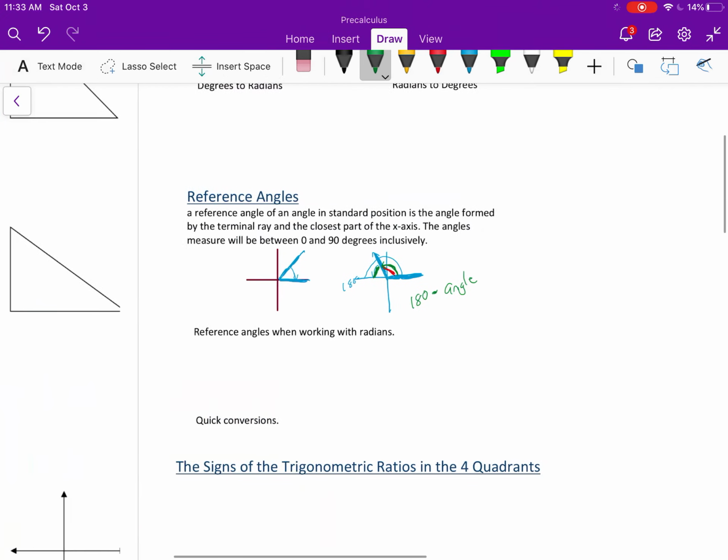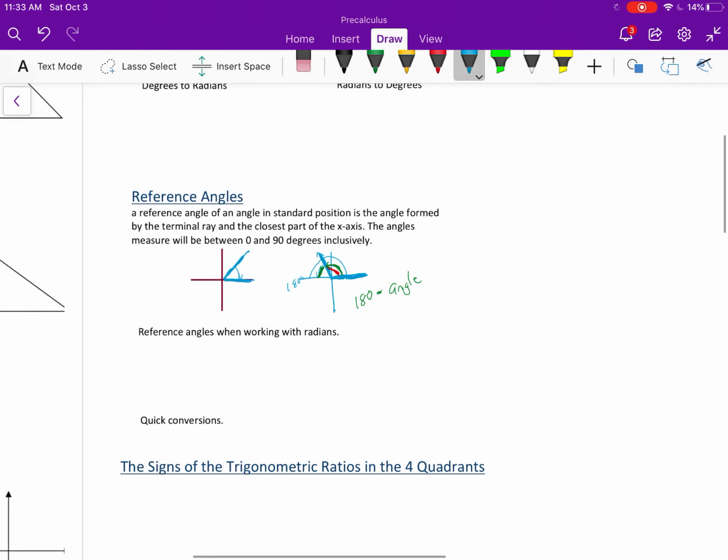All right, 210. So now we're in the third quadrant. So in the third quadrant, standard position, somewhere in here, how are we going to find the reference angle? Well, the reference angle will be this green one.